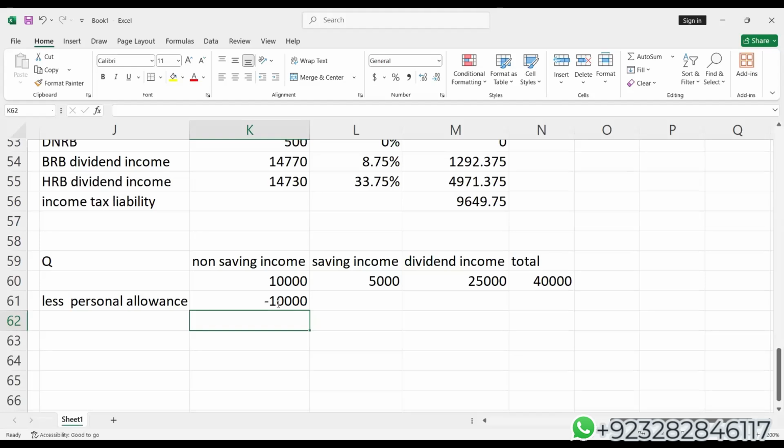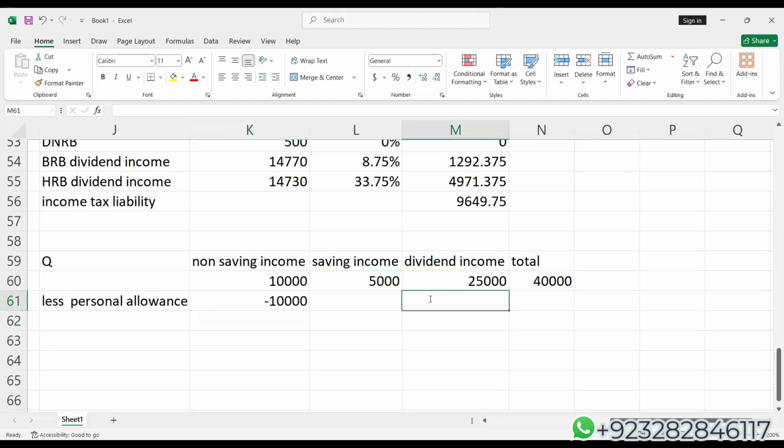Logically, the entire 5,000 saving income falls in the starting rate band. So the tax planning is that the remaining personal allowance should not be deducted from the saving income. It should be deducted from the dividend income. In this way, you will be saving income tax.